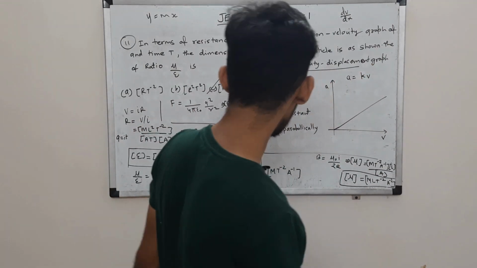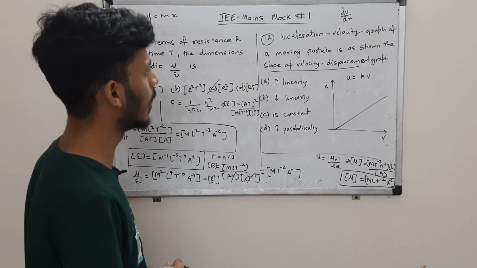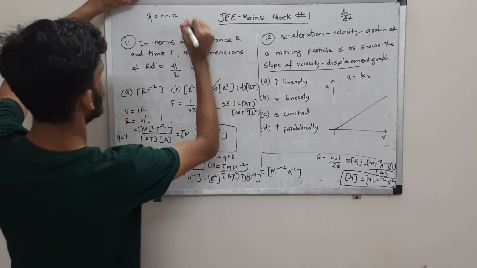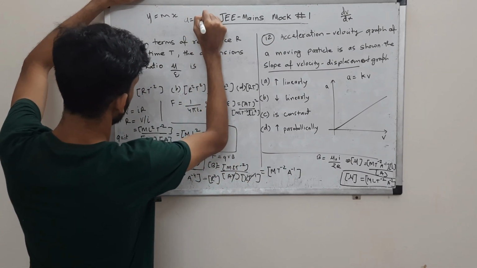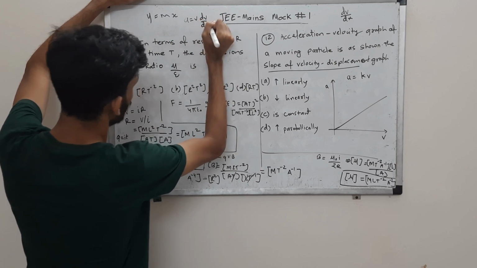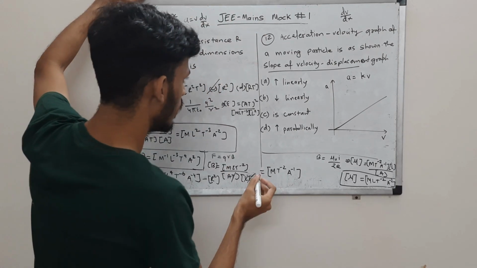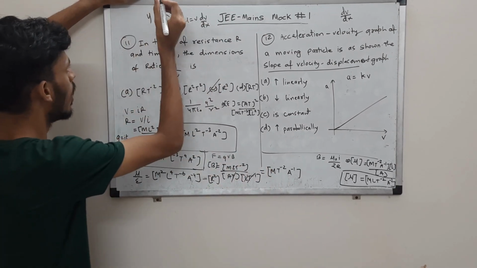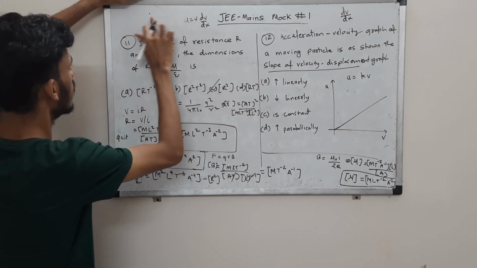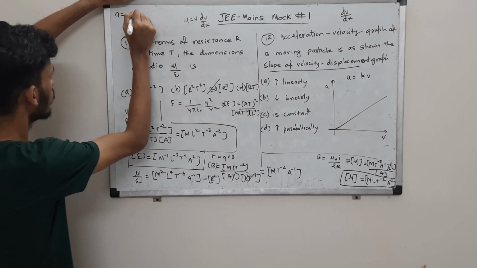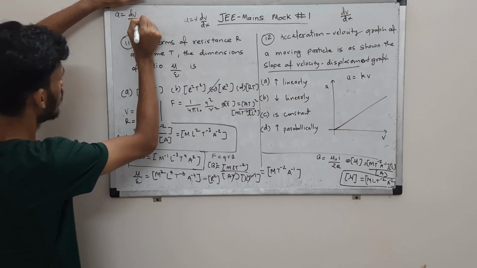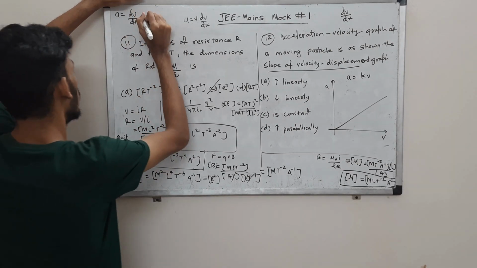Now one more fascinating thing about acceleration, you can express it as v dv by dx. I hope you know this. I'll show you how. If you write a as dv by dt, acceleration is the rate of change of velocity.